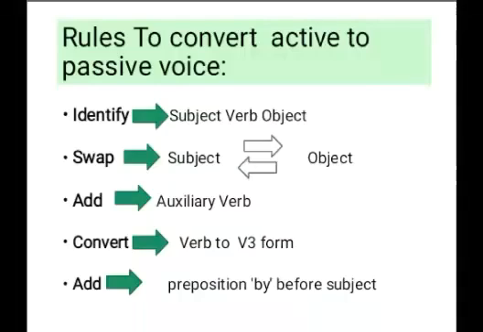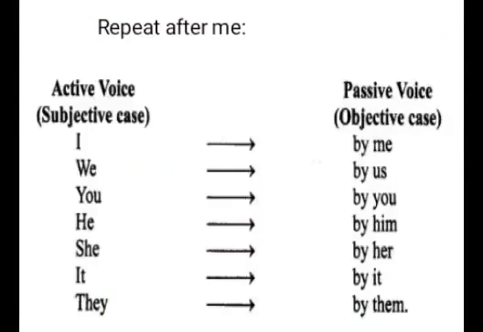So these are the 5 simple steps to convert active voice to passive voice. So remember it. One more thing that needs to be remembered here is to change pronouns if used in the sentence while converting the sentences to passive voice.